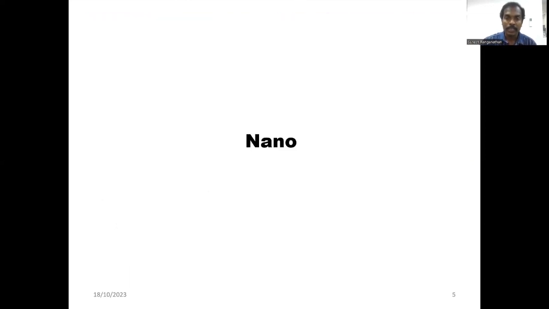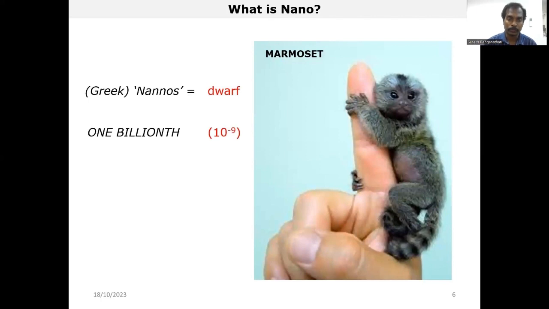Okay. So another term is nano. So what is nano? The word nano is derived from a Greek word, nanos. Nanos means dwarf or small. Small is actually a relative term. When compared with 1 kilometer, 100 meter is small.